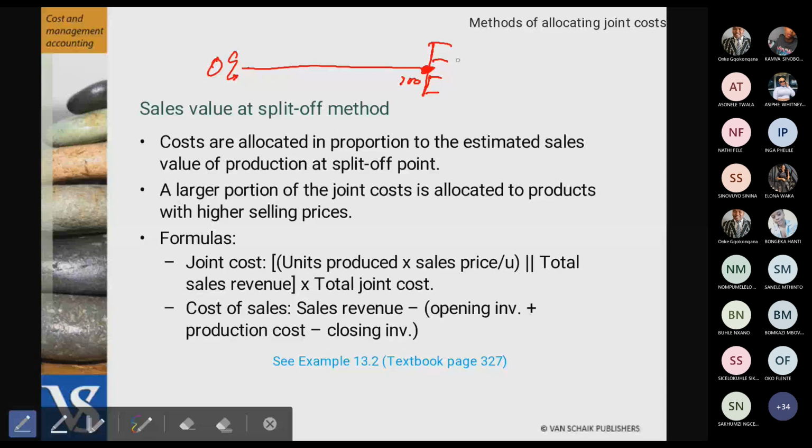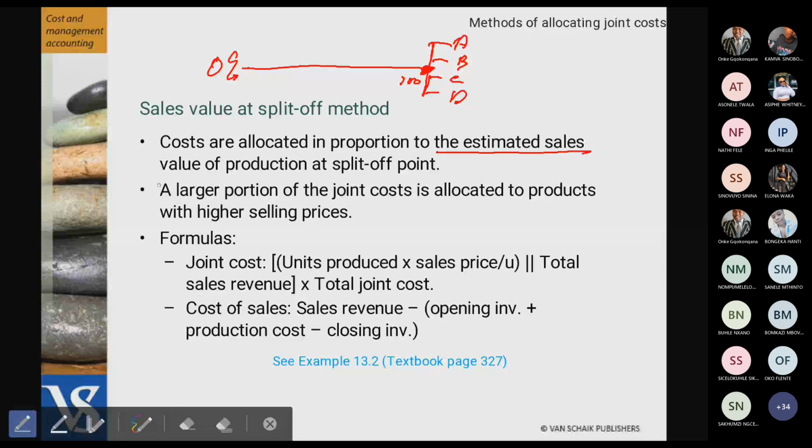So we look at the value there because what we are trying to rectify here is to have the correct cost allocated according to the value of the product instead of the number of units. So costs are allocated in proportion to the estimated sales value of production at split-off point. Please highlight that.